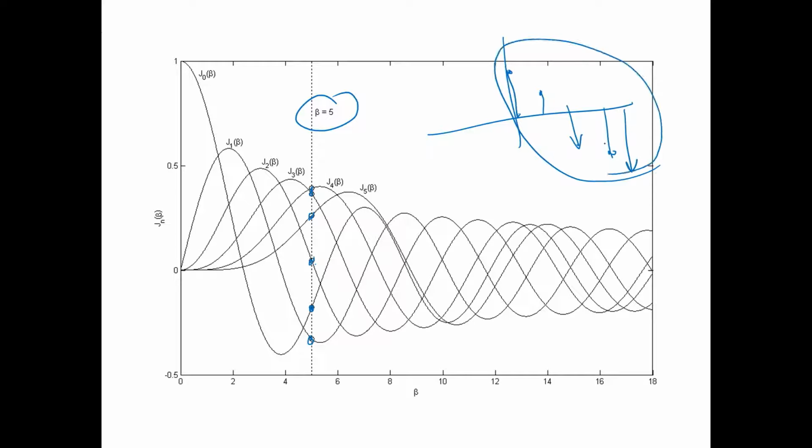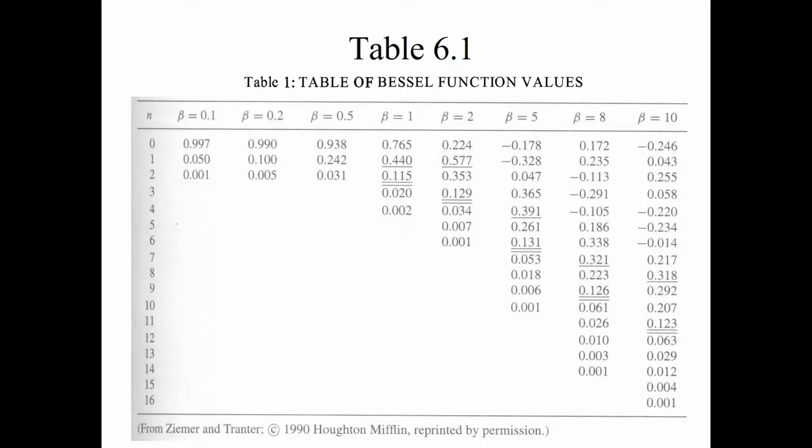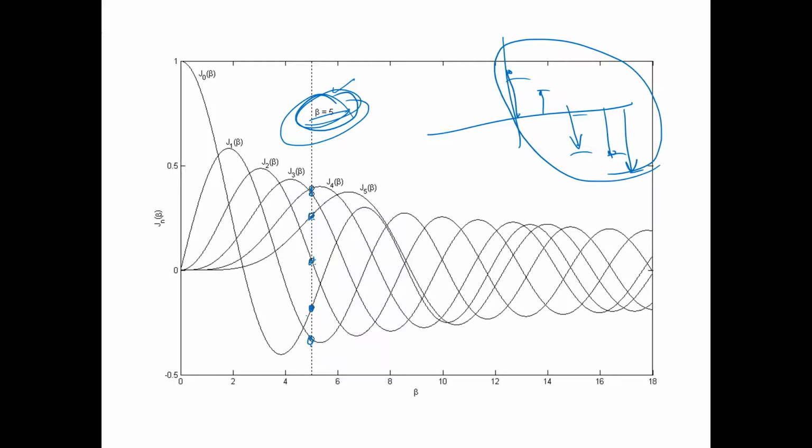So the impulse magnitudes we can determine from the magnitudes of the Bessel function for the different modulation indexes. This is actually the table, so you don't have to look into the graphs every time.